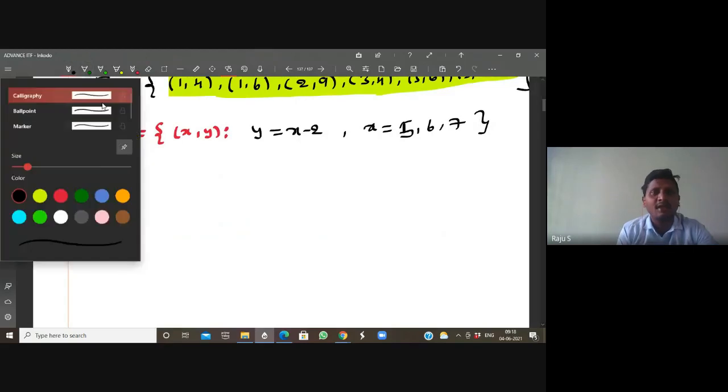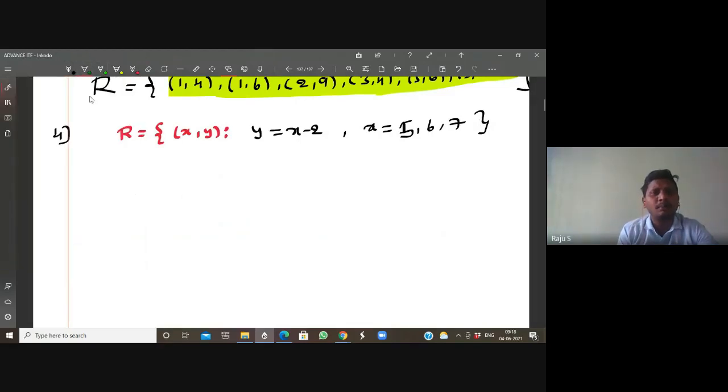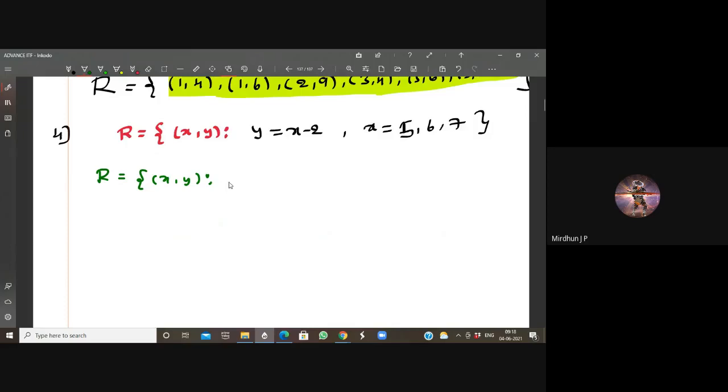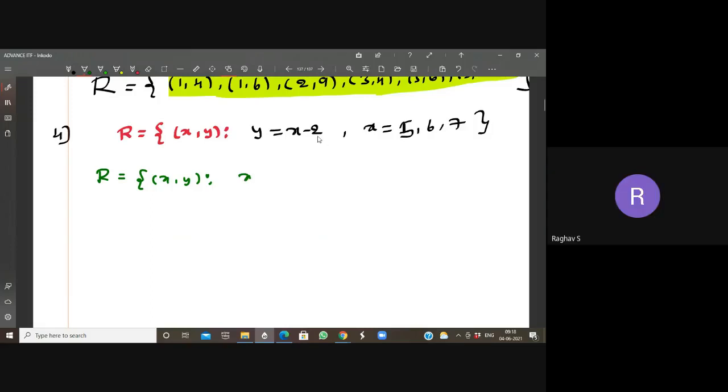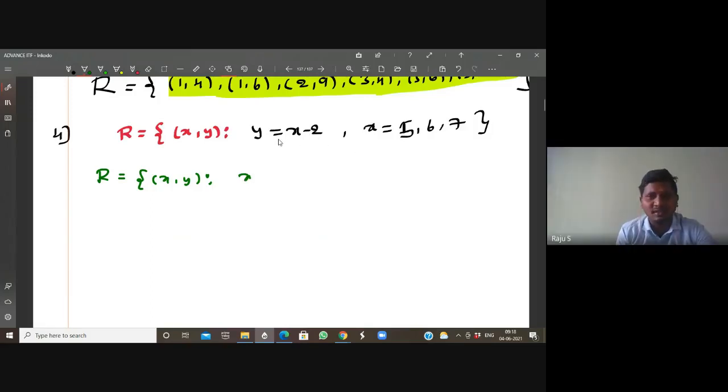You tell me all the possible set builder forms. Anyone? Yes, sir, x minus y equal to 2. Say that x is equal to y plus 2, sir. No need to write like that. See, this is okay in words. Here x is equal to 5, 6, 7, 8.